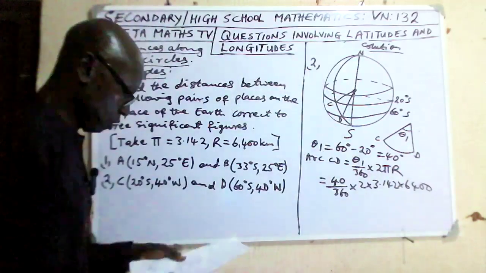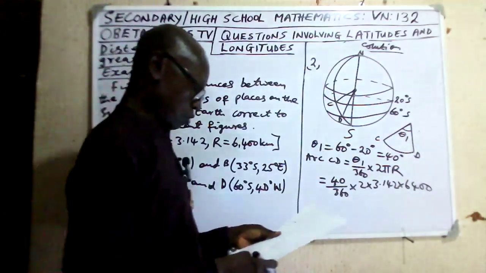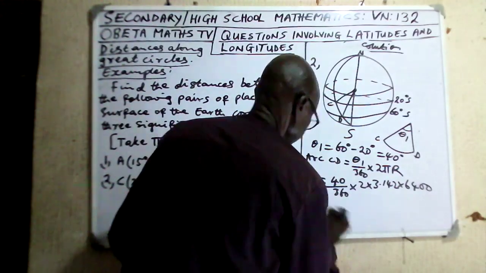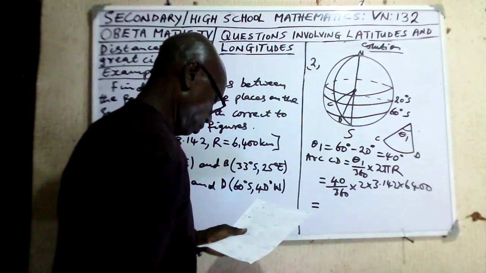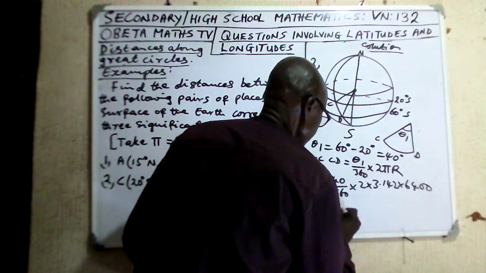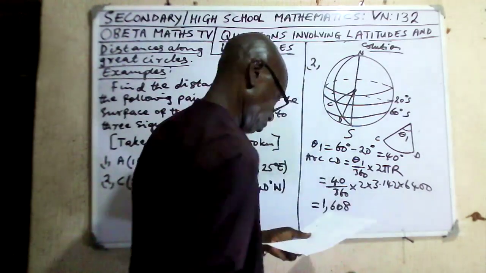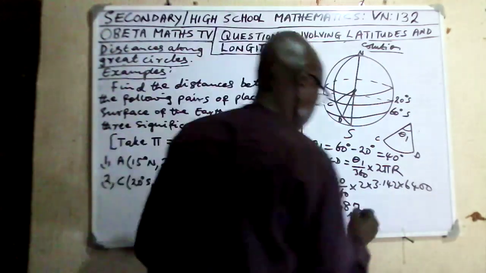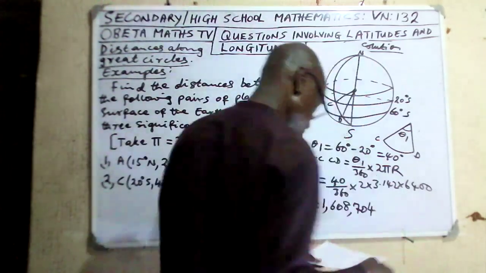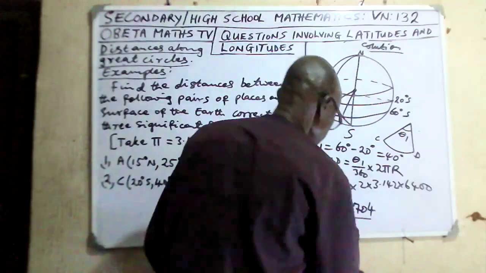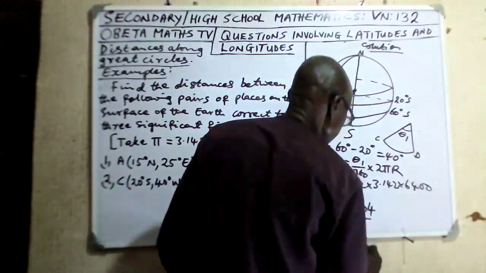So when you work it out, after multiplying, we have 1,608,704. We are dividing by 360.